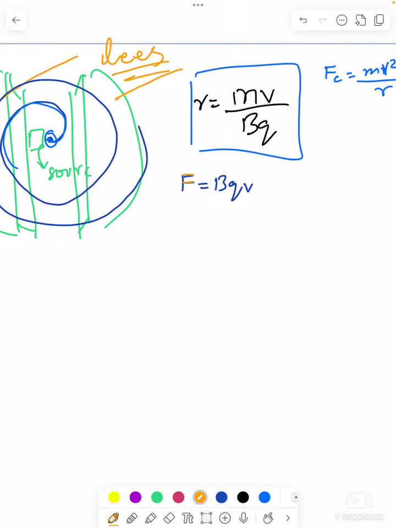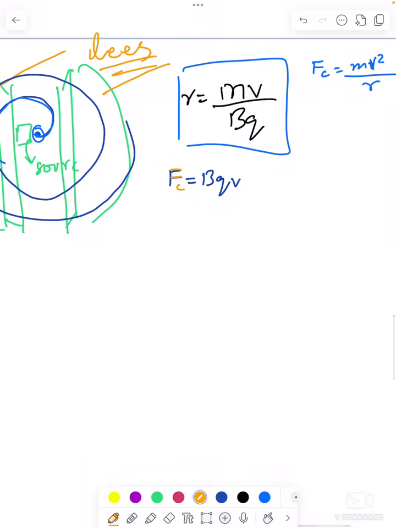We know this F is the same as the centripetal force. So we can say bqv = mv²/r.